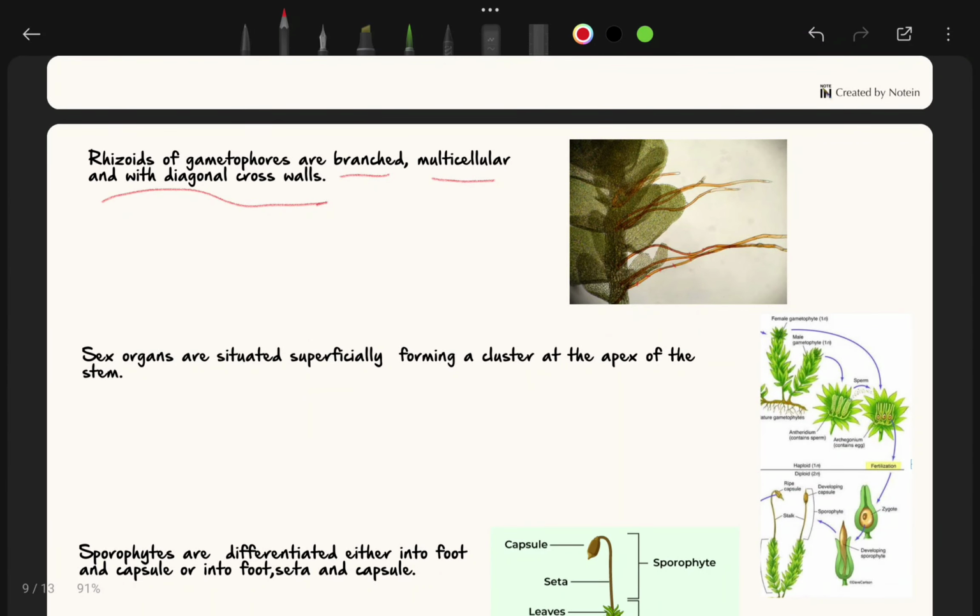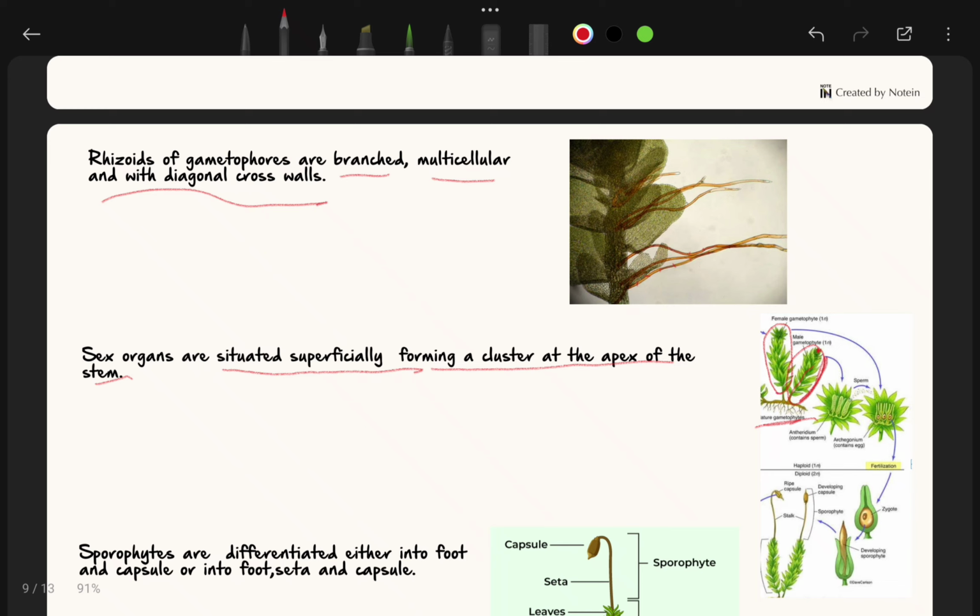Now sex organs are situated superficially, forming a cluster at the apex of the stem. So at the apex of the stem, at the tip, sex organs are formed. The mosses may be both monoecious as well as dioecious. If it is dioecious, it means that the sex organs will be produced on different plants. In this picture, the male sex organ is produced in this gametophore, and the female sex organ is produced here.